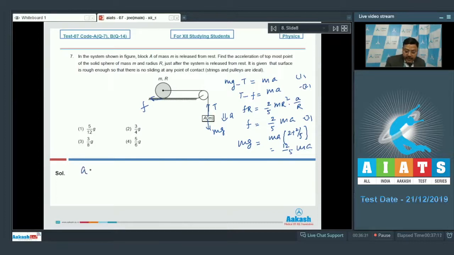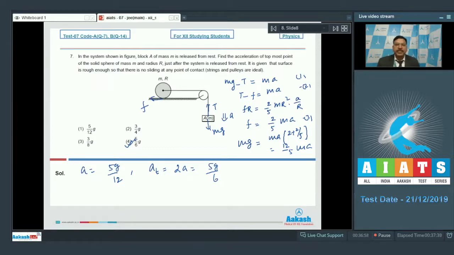So the value of a, the acceleration of the center of the sphere, is 5g/12, which means the acceleration of the topmost point of the sphere, let's call it at, will be 2a or 5g/6. If we look at the options, option 4 matches with our answer, so option 4 is correct.